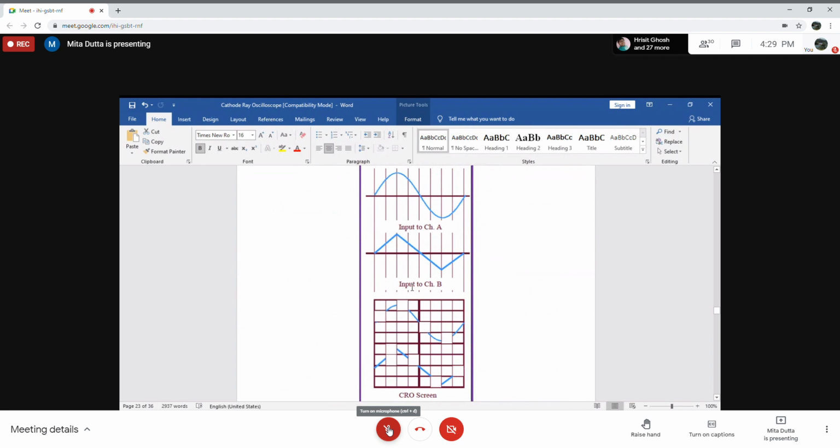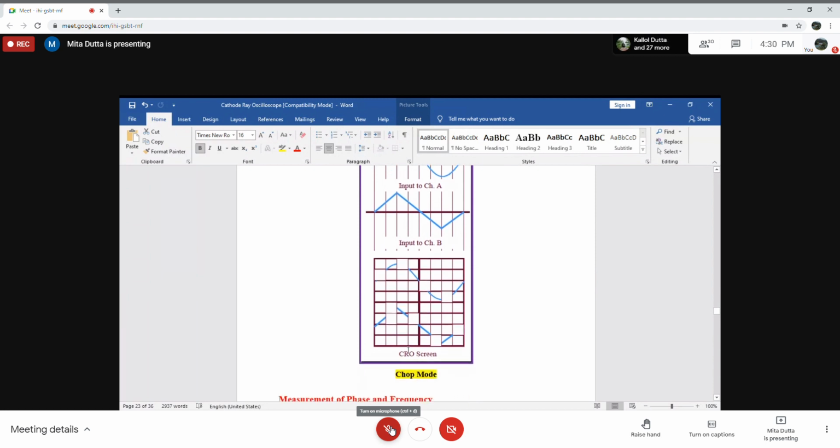Here this is input to channel A, this is input to channel B, and we have a single sweep waveform. It will take the first segment from channel 2, the second segment from channel 1, then the third from channel 2, the fourth segment from channel 1.